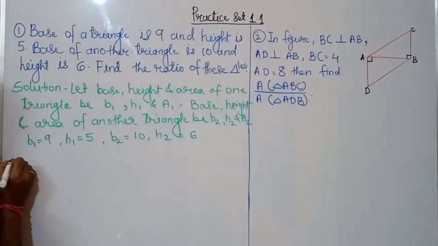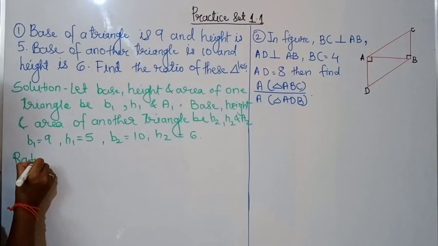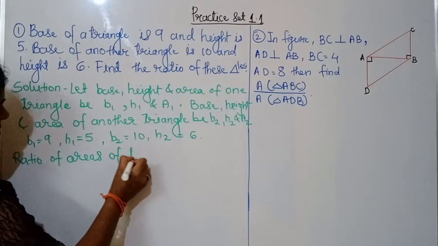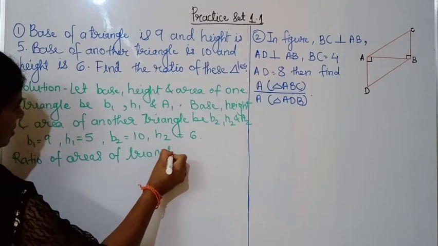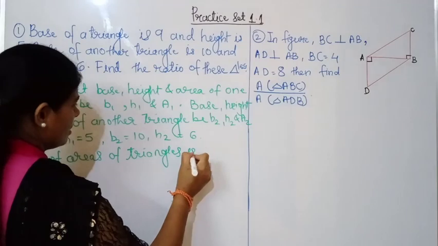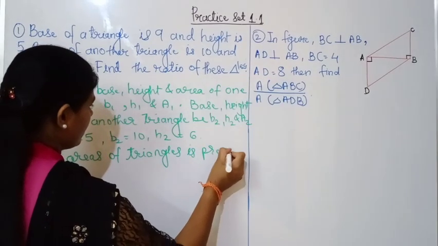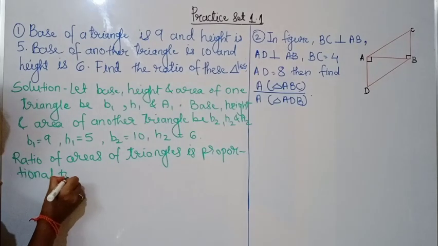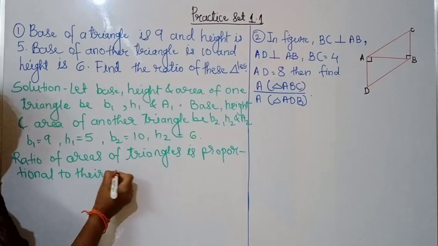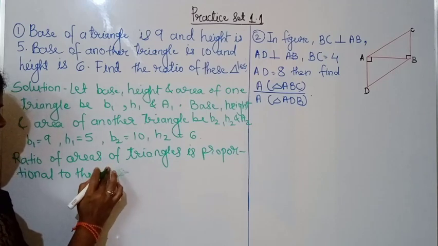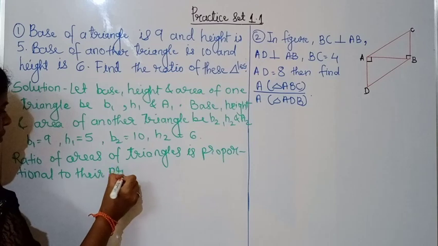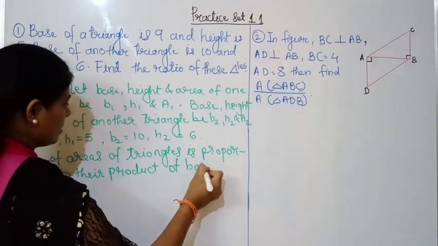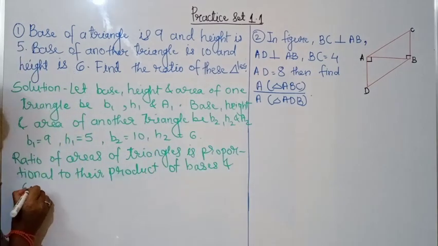So we have to write the statement here, that is, ratio of areas of triangles is proportional to their, sorry, not directly bases, but to the product of bases and corresponding heights.